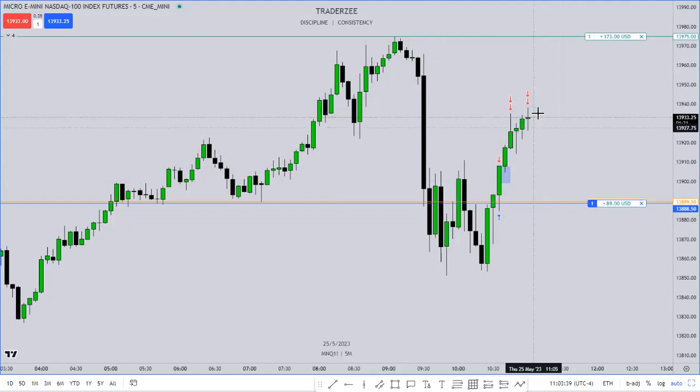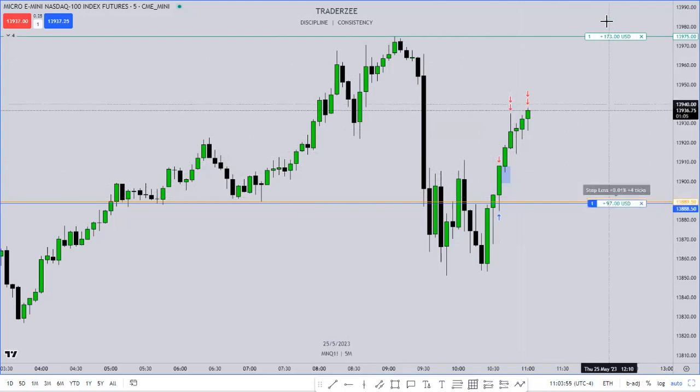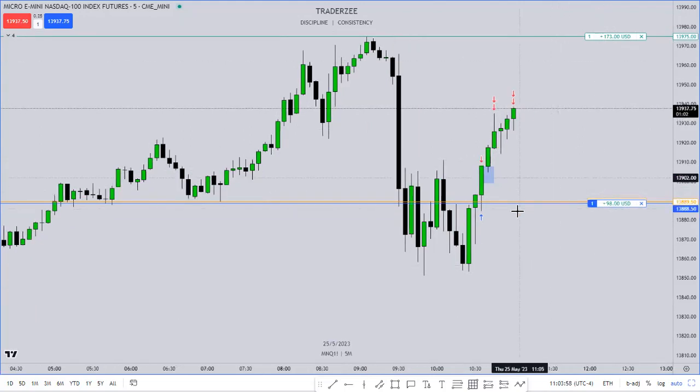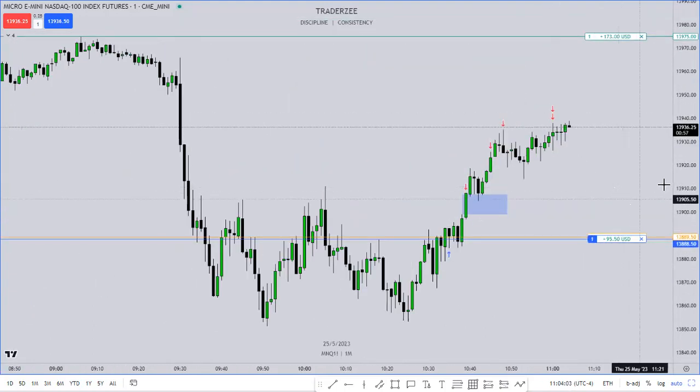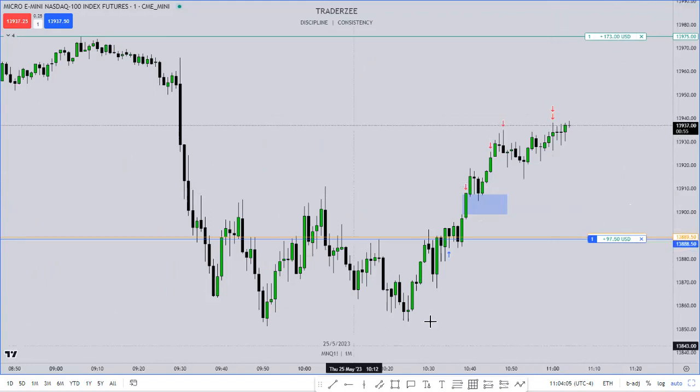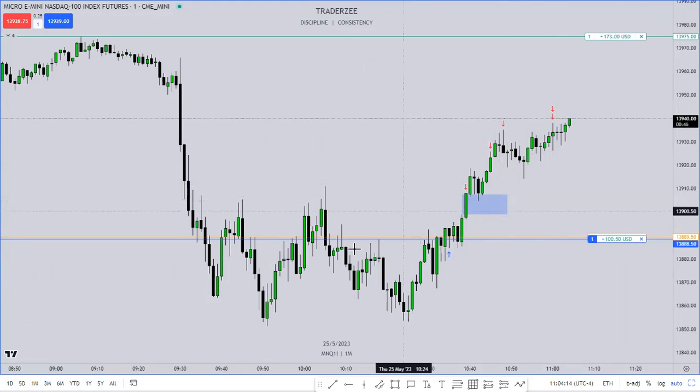But let's say it just consolidates, what you're calling time distortion, and that happens right now. The lunch macro will retrace and go into this fair value gap and maybe this fair value gap. So my stop loss should stay here if I want the full target. But I think it will go up here now. So yes, in short, I'm expecting the fair value gaps to hold, but we have to consider the time of day. Time of day. That's the thing you need to consider.